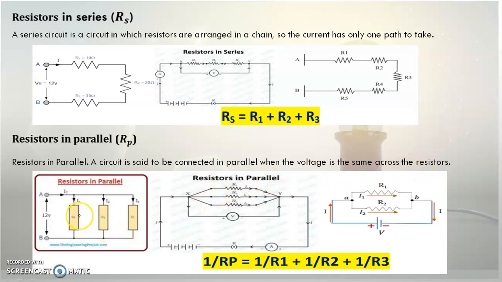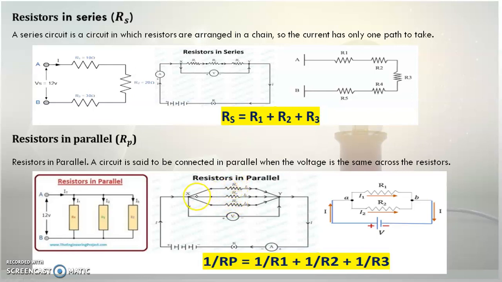Here you see how the resistors R1, R2 and R3 are connected across a battery. Coming to the second diagram, this is what you have to write in the examination also, along with an explanation. These are the three resistors R1, R2 and R3.